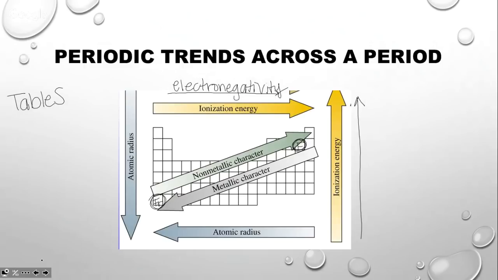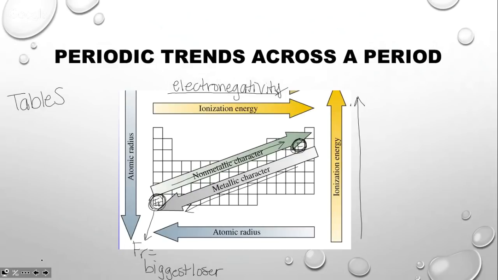Remember that as we get closer to fluorine, we get more like a nonmetal. As we get closer to francium, we get more like a metal. So nonmetallic character increases closer to fluorine, and metallic character increases closer to francium. And remember, we're going to call francium the biggest loser, and that means fluorine is the smallest gainer.